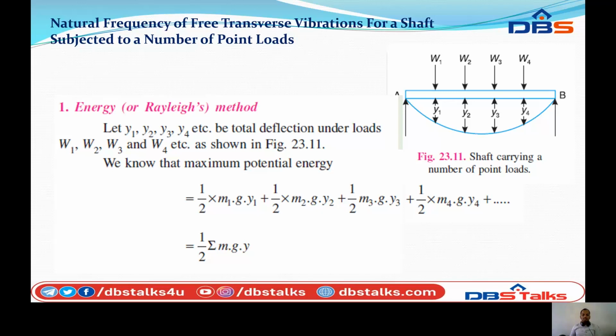So let us consider the deflections: by applying the W1 load, we get a deflection of y1. For W2, we get y2. In the same way, for W3 and W4, y3 and y4 are the total deflections under the loads W1, W2, W3, W4.